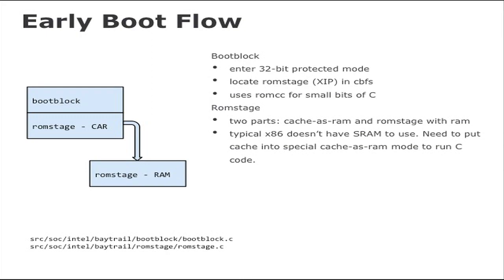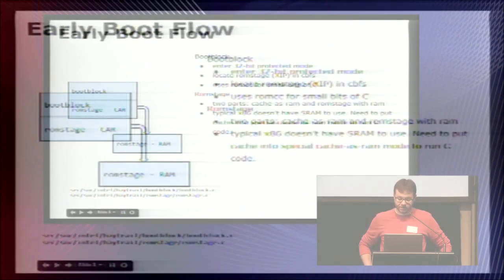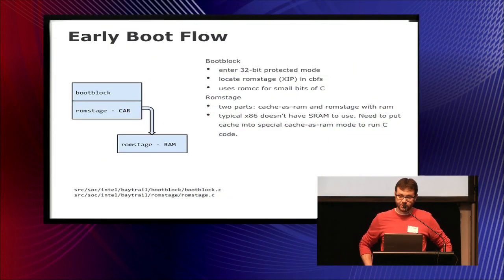But its main goal is to get into 32-bit protected mode and then find ROM stage and CBFS and then jump into it, because ROM stage is actually execute in place as well. If you guys go digging, you can find a really interesting implementation of a CBFS parser in assembly without using the stack, so that's always a fun one.